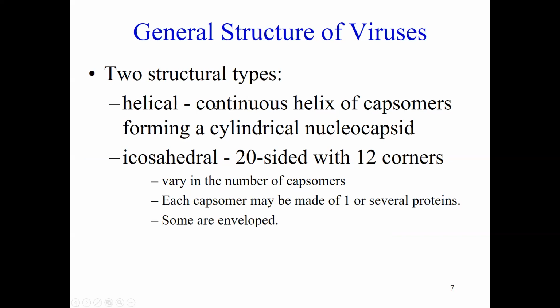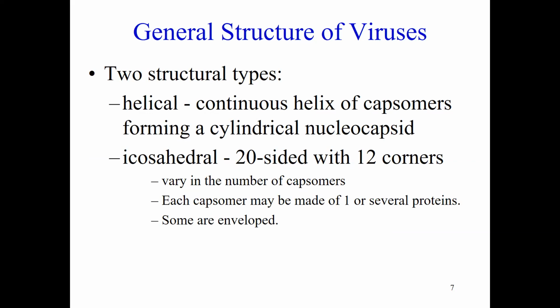When it comes to structural types of viruses, I'm only giving you this because sometimes these terms will come up in NPLEX. I want you to have name recognition, so if you see them, it doesn't freeze you. The two structural types are helical and icosahedral. Helical is what it sounds like. It's a helix, a cylindrical nucleocapsid, versus icosahedral.